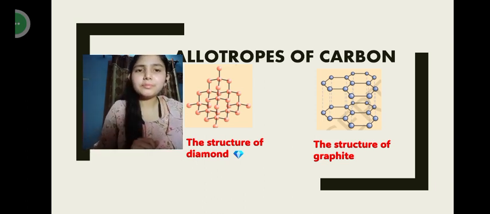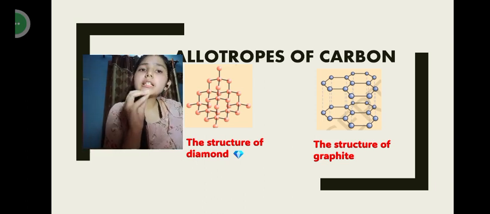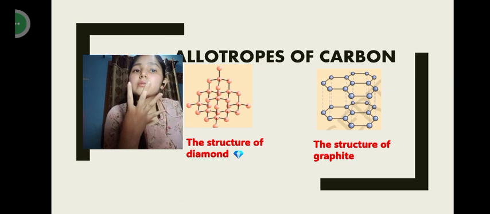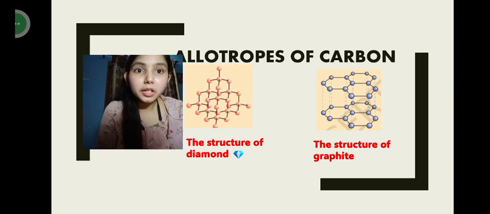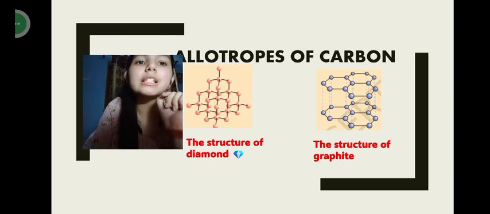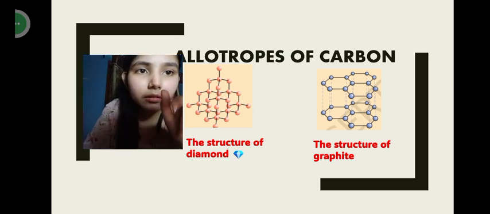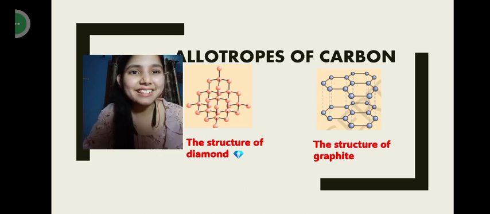Let me tell you, if every carbon is attached with 4 carbons, making branches and chains, it is called diamond. It will form diamond, as you can see in this picture in the net-like structure.